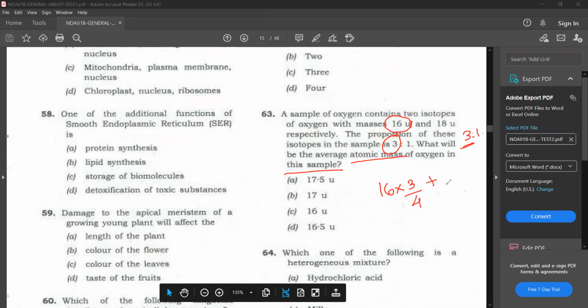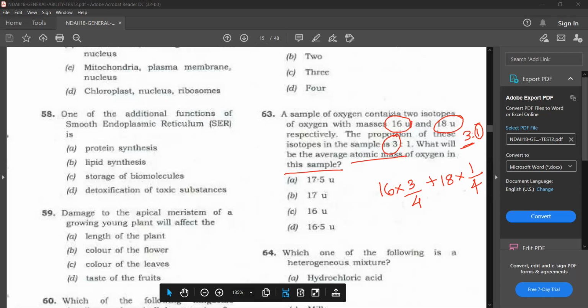Plus, after 16 there is 18. One isotope is of 18 units and it is 1 part, so 1 by 4. So 16 into 3 by 4 plus 18 into 1 by 4. Understood?